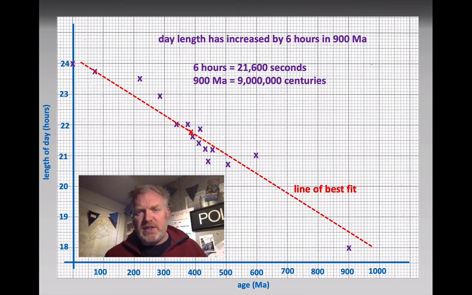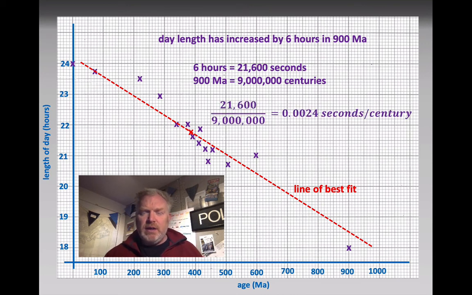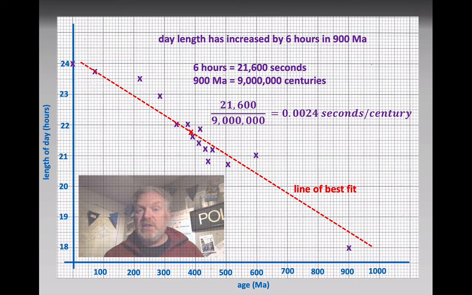So if we work it out in seconds per century, that means that this is changing by 0.0024 seconds a day in every century. It's another example of how a very small change over large amounts of geological time can lead to big change.